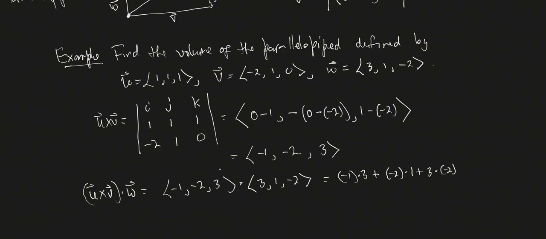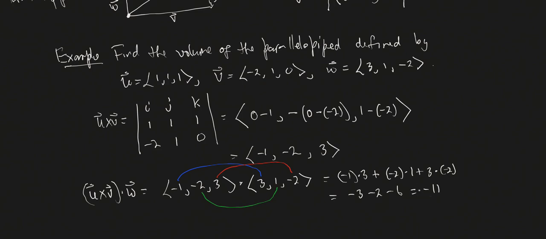Again, just multiplying the corresponding components. Those two get multiplied, these two get multiplied, and these two get multiplied, and then we add them all together. But if you notice, we're going to end up with a negative number. We have -3 minus 2 minus 6, so this is a -11.